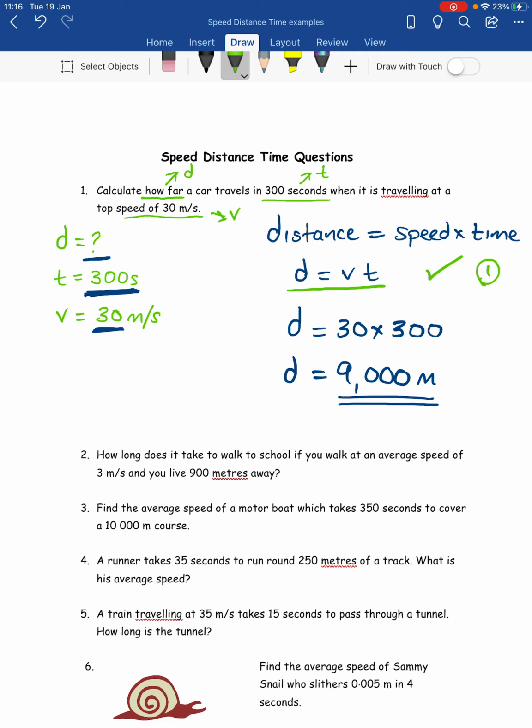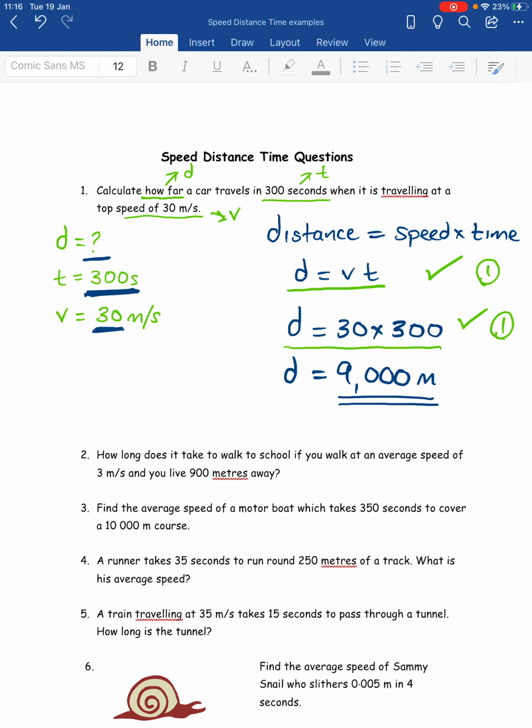You then put in the numbers. Again, it doesn't matter if it's distance, speed or time that you're having to work out. You put in 2 out of the 3 numbers that you're given into the correct place in the equation, and that gets you the second mark, and you've already got 2 out of 3 marks for these types of questions.